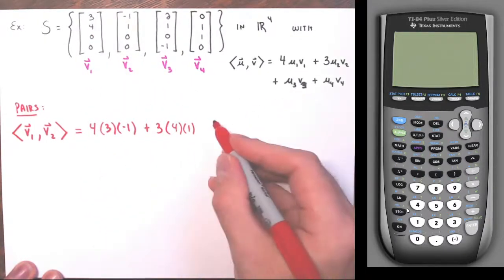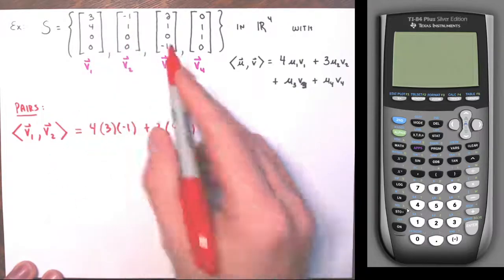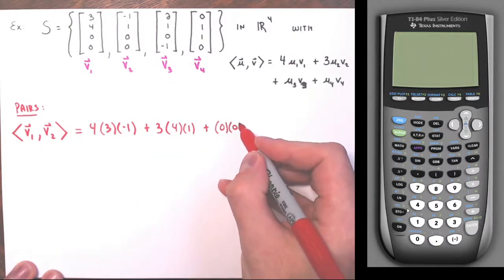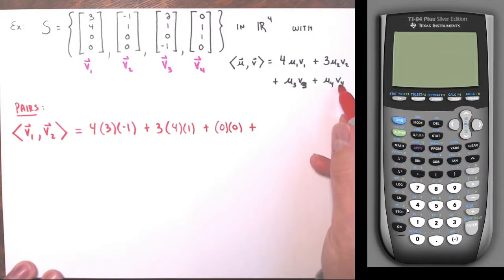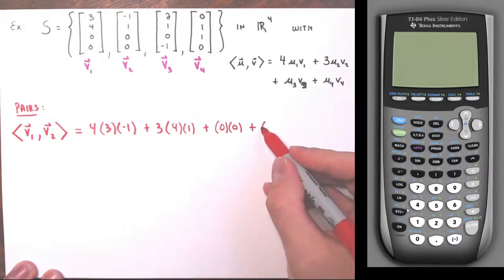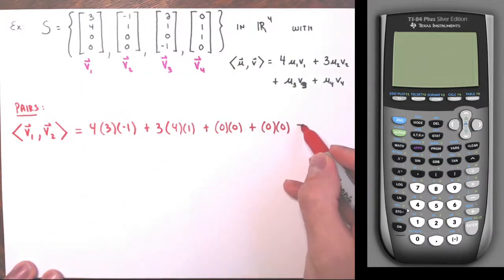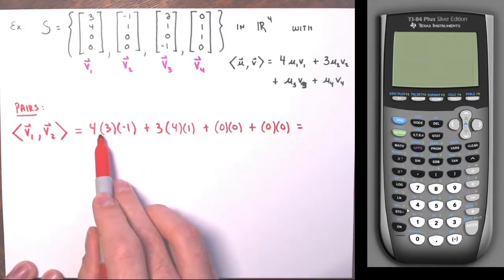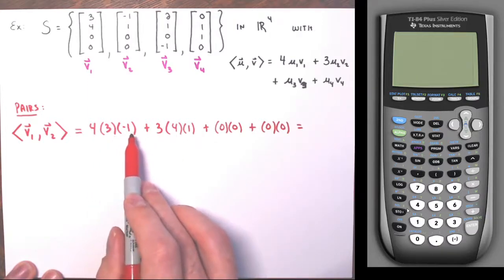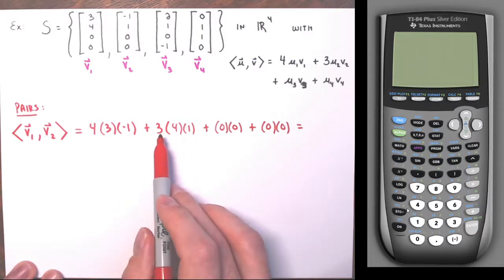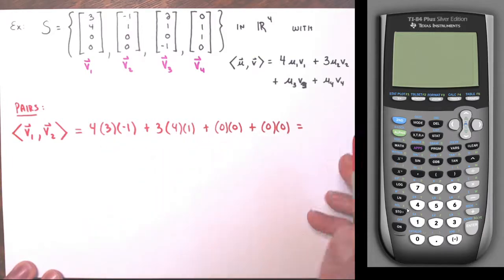Then plus the product of the third components, which are just 0 and 0 for v1 and v2, plus the product of the fourth components, which are again just 0 and 0. So I have 4 times 3 times -1, that's -12, plus 12, which is 0, plus 0 plus 0. This is 0.